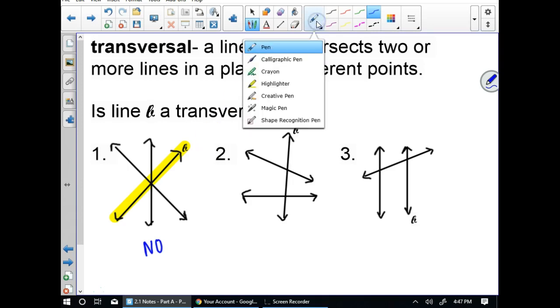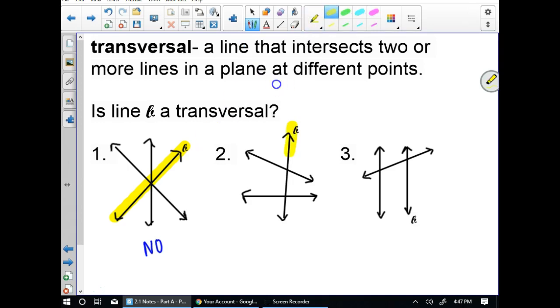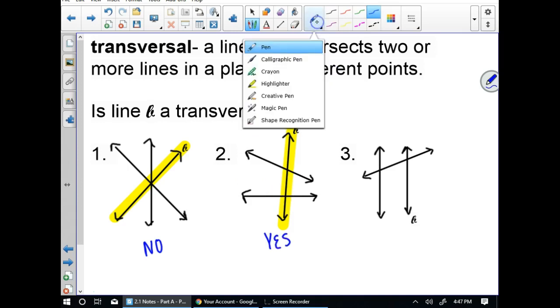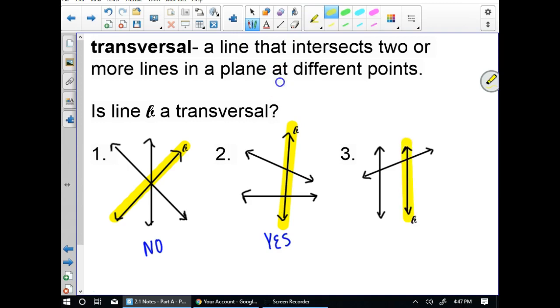For the second problem, line B is right here. Line B intersects two or more lines. It intersects both of these other lines, and it intersects them at different points. So line B is a transversal for number 2. For number 3, I have line B here.